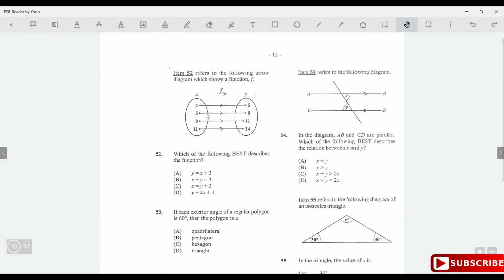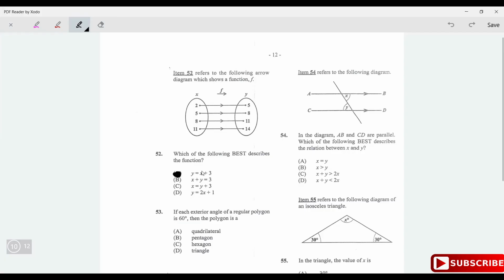All right. This right here, it says, which of the following best describes the function? 2 plus 3, 5. 5 plus 3, 8. 8 plus 3, 11. 11 plus 3, 14. So whatever is x, you're adding 3 to it. Easy. So y is equal to x plus 3. That's the easiest one.